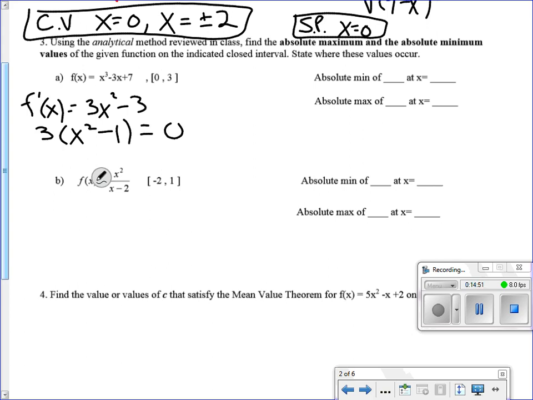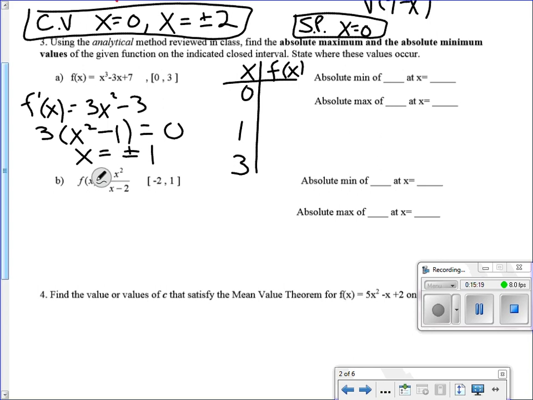And so we get our critical values are x equals plus or minus 1. Now we're looking for the absolute max and the absolute min on the interval from 0 to 3. So we're going to have to find the y-coordinate at 0 and 3, and at any critical values in between 0 and 3. Well, that's just the 1.